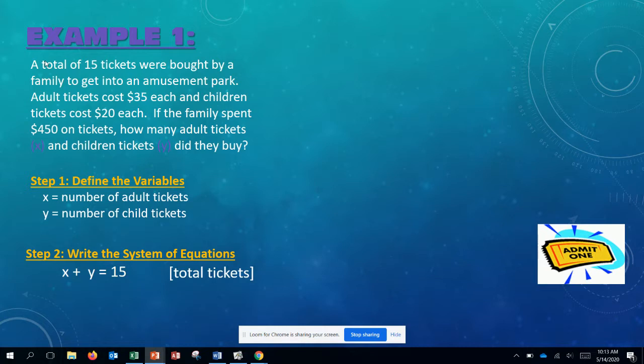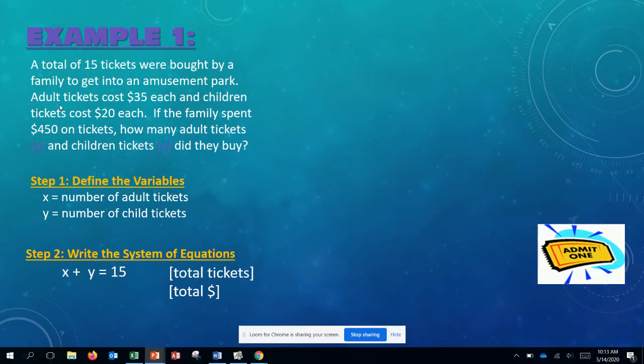Our second equation is going to talk about the total cost. What is the total cost? The family spends $450 on tickets, so our equation is going to have to be equal to $450. How can we use X and Y and the other values we're given in order to equal 450? Let's talk about adult tickets. How do we figure out how much we pay just for adult tickets?